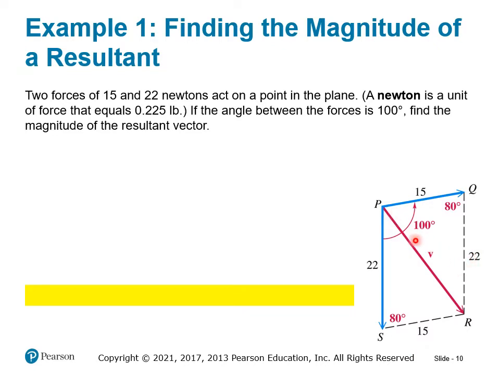We know opposite angles are equal, so this angle R would also be 100 degrees. And we know that adjacent angles are supplemental, or add up to 180 degrees. Since this angle is 100 given in the problem, this corner here would be 80 degrees in the upper right, angle Q. And of course, because it's opposite angle S, these two angles are also equal.